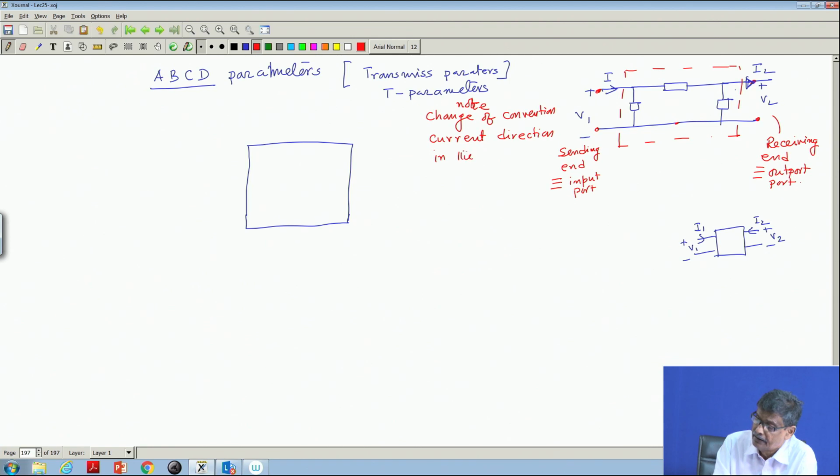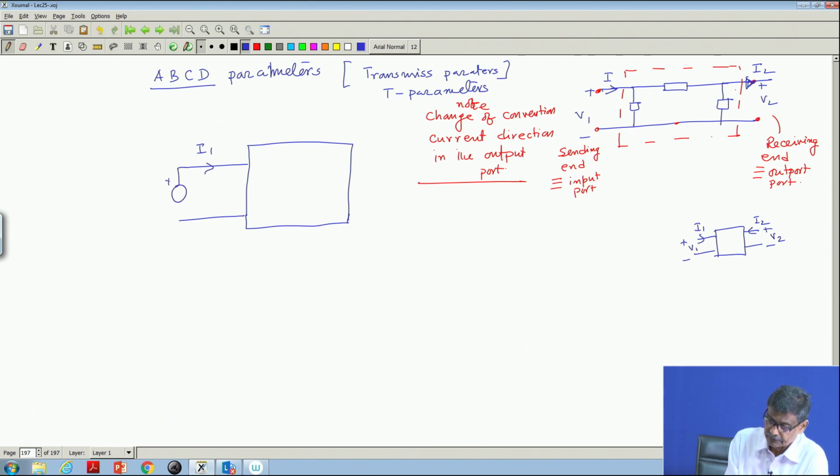While describing the network parameters in this form, for Z, Y and H parameters it was all the same, I1 and I2 entering into the port. But here this side remains the same, this is V1, and this side is V2, and instead of I2 coming in, I will write like this.